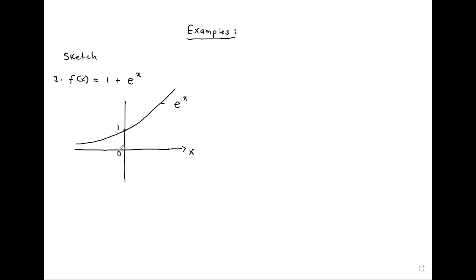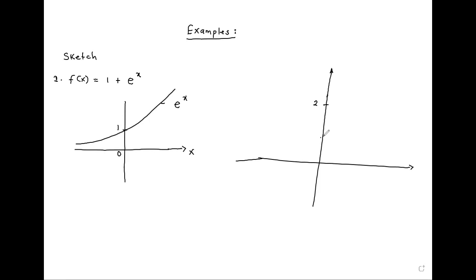We'll add the 1 to 0, meaning that for our graph f of x, first, the intercept 1, you add a 1. So the intercept now is going to be 2. The asymptote 0, you add the 1.